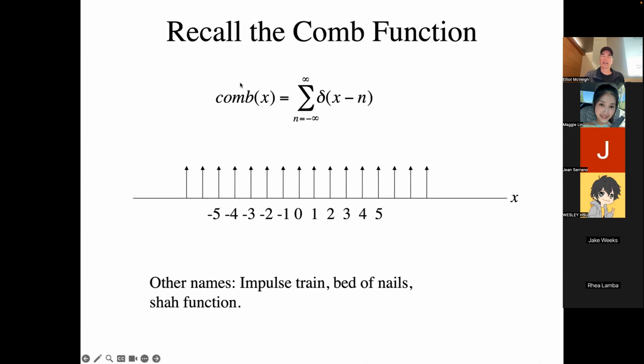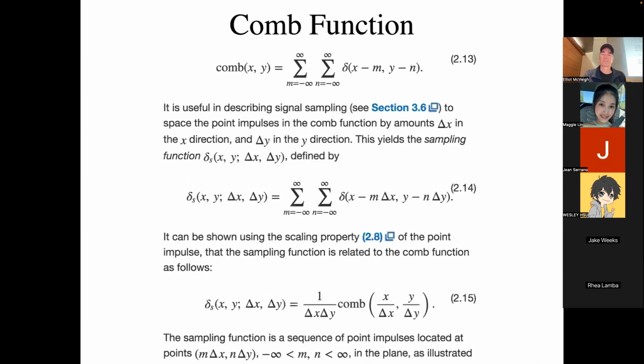Okay, so mathematically we've got this thing, which is a comb function. It's important, and I'm going to say this over and over. You'll get tired of me saying this. This is not a sequence of numbers, right? This is a continuous function that's 0, 0, 0, delta, 0, 0, 0, delta. So it's defined everywhere, and it's a continuous function. You can just as easily make this in 2 dimensions just by making 2 indices, right?